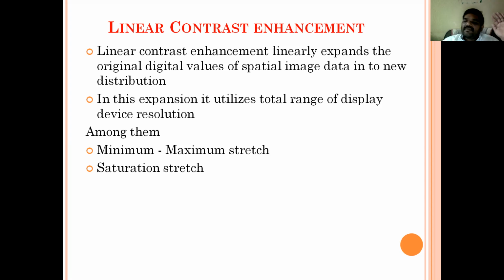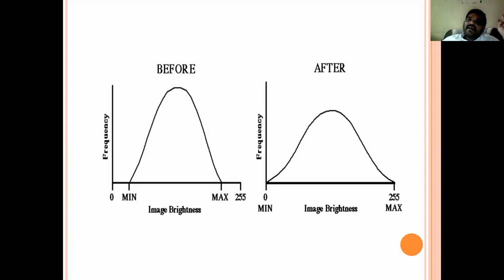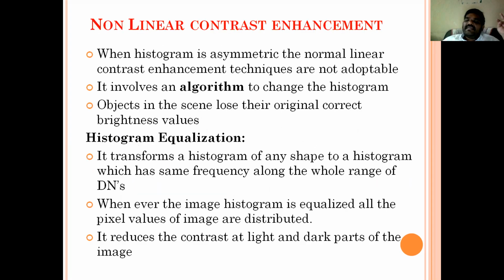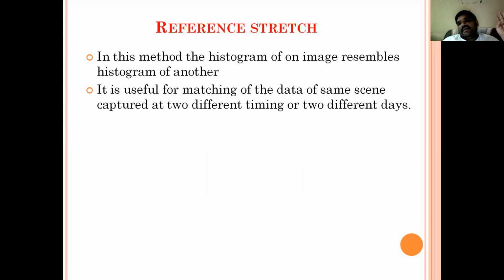If you have time, we may discuss a few more, but up to here is okay from the syllabus and curriculum point of view. Two in linear contrast enhancement, two in non-linear contrast enhancement. Under non-linear, we have seen histogram equalization and reference stretch.